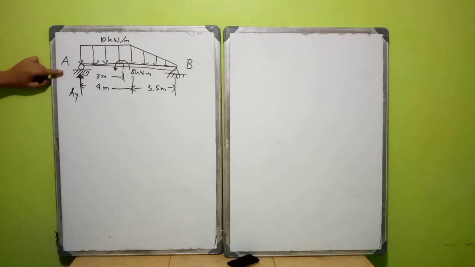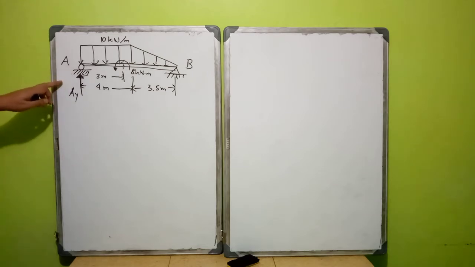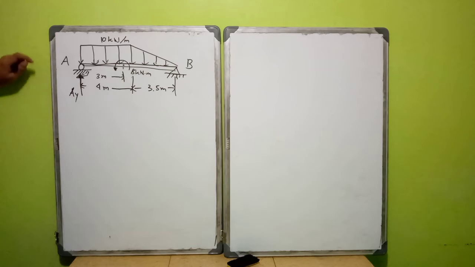And since this is a roller, it will not experience any resistance parallel to the line of motion of this roller. So it will experience only one reaction, which is AY.